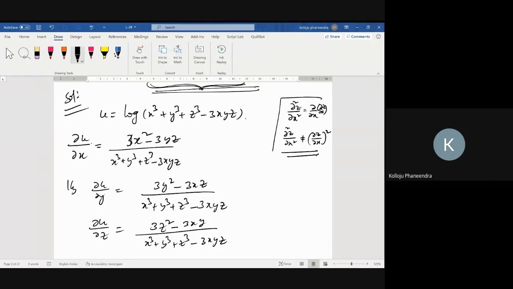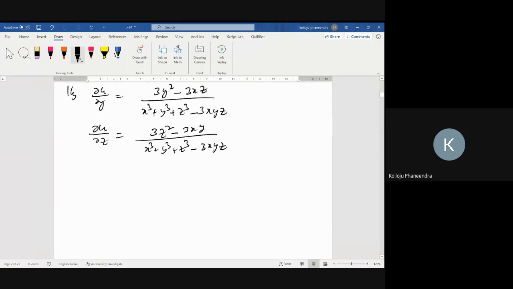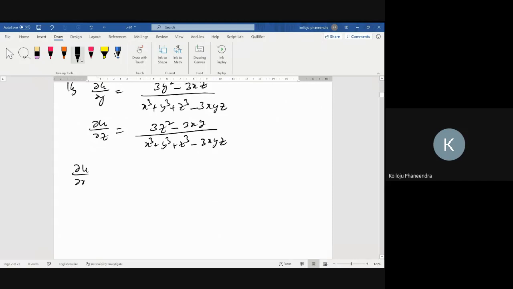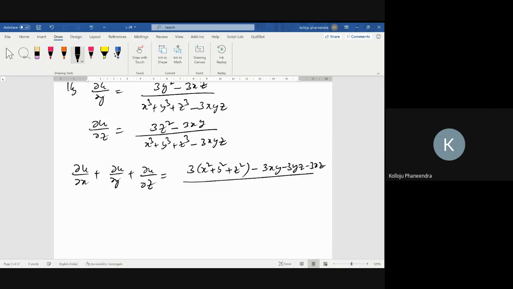Now let us add all these. That means ∂u/∂x + ∂u/∂y + ∂u/∂z equals this. I can write 3 common in the numerator because the denominator is the same. That is 3(x² + y² + z² − xy − yz − zx) divided by x³ + y³ + z³ − 3xyz.